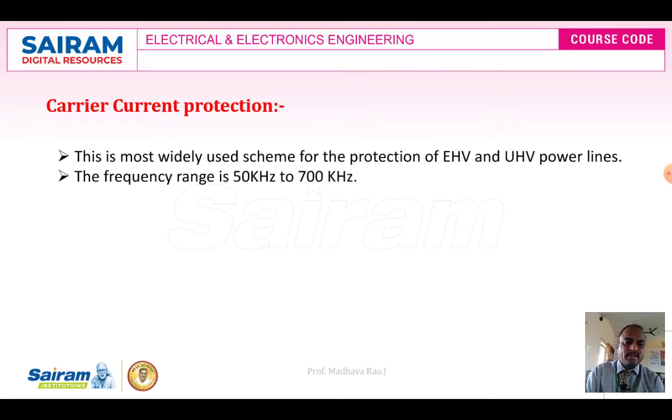If you want to protect extra high voltage and ultra high voltage transmission lines, we have to use carrier current protection. Pilot wire protection is not suitable, because we need to carry the wire along the entire line, which is very difficult. If you carry the pilot wire along the entire line, the cost of the system and maintenance will be higher, and also the sensitivity of the protection will decrease.